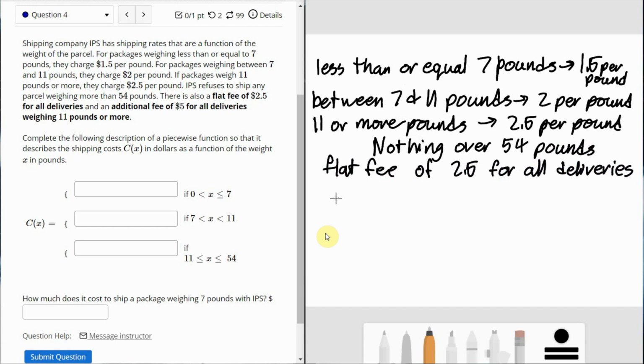There's also an additional $5 for all deliveries over 11 pounds.